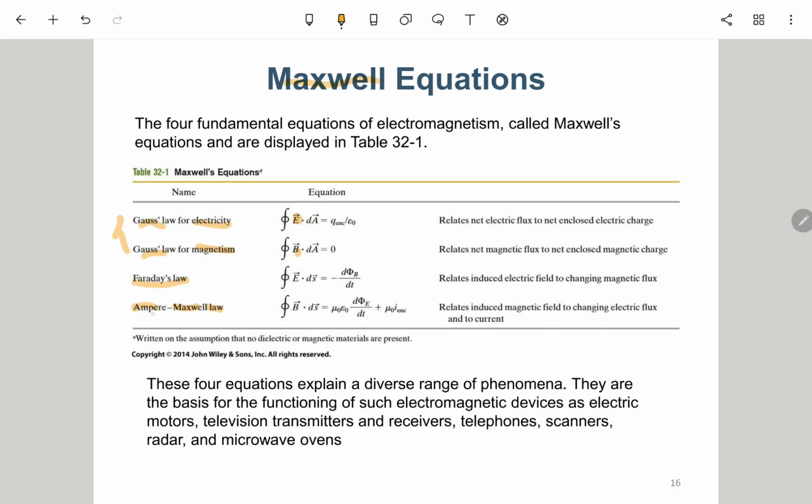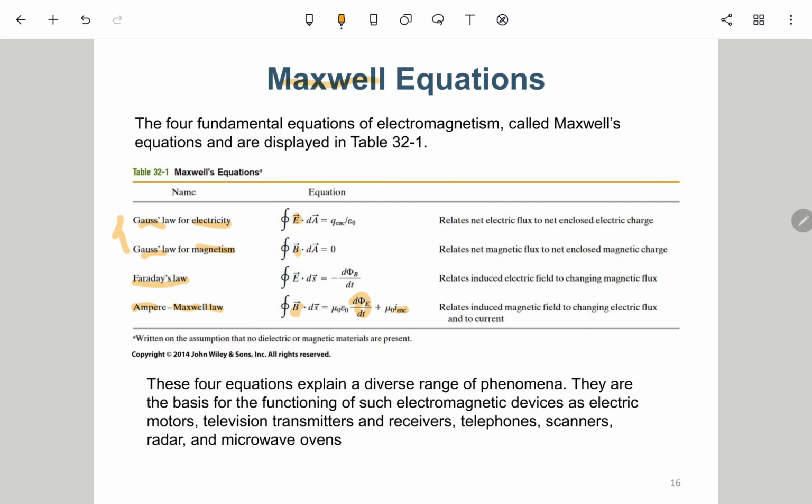And Ampere's law, or the Ampere-Maxwell law, tells you that if there is some current or displacement current, there will be an induced B field. So they occurred individually.